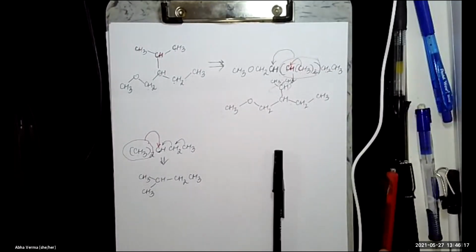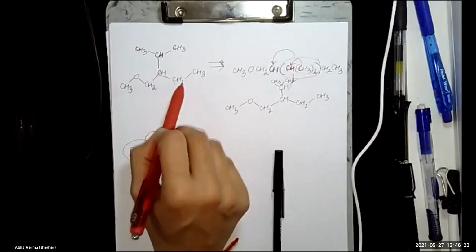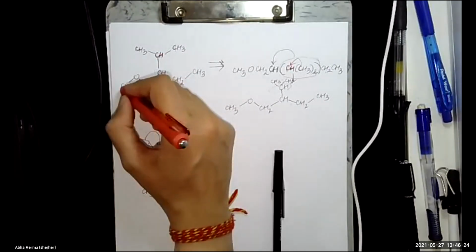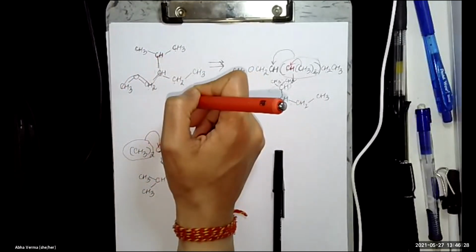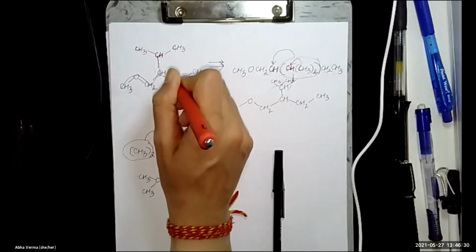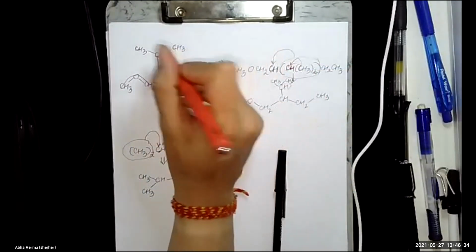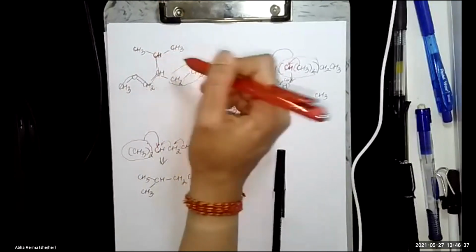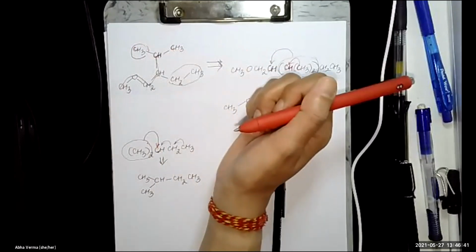Another thing that I could have done was, instead of using this as my main frame, I could have used this as my main frame, using this as my branched substituent and one of these CH3s as my branched substituent. I'll use this.